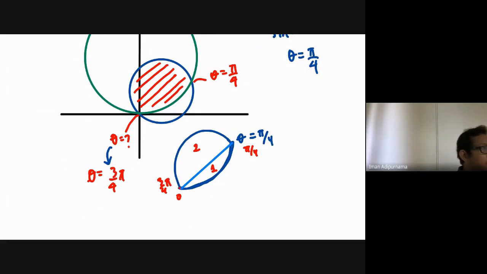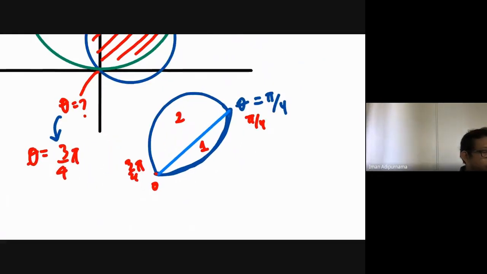This is the same with the origin. Okay, so we are having like one loop, right? One loop of circle. So from 0 to pi over 4, and from pi over 4 to 3 over 4 pi. So that's just using this theta in our equations.